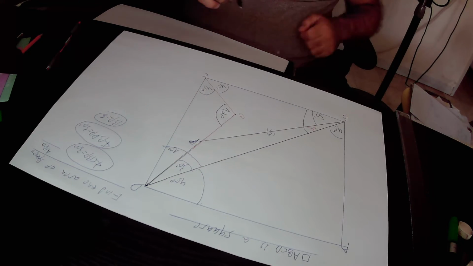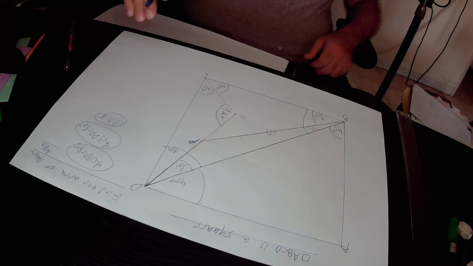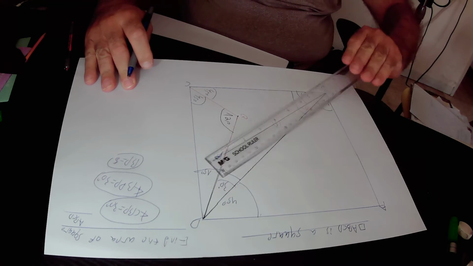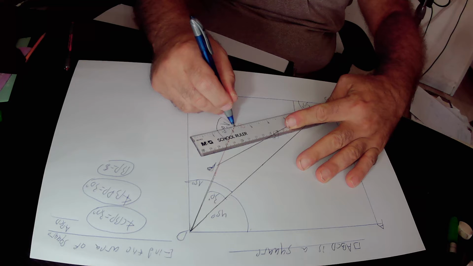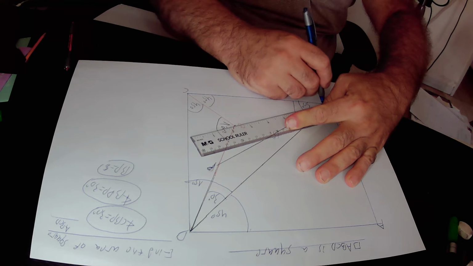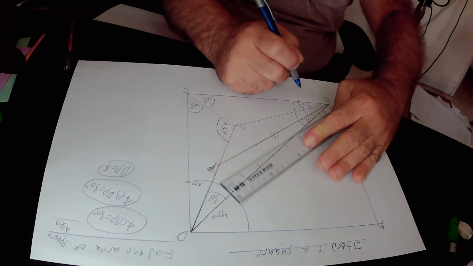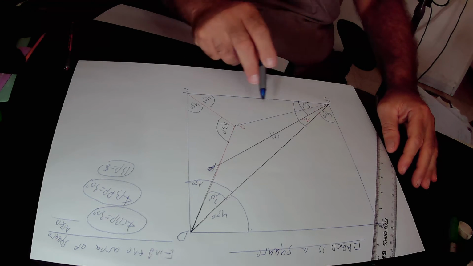In the next step, we join points B and Q together by a straight line. We join points B and Q, creating a triangle BQC.